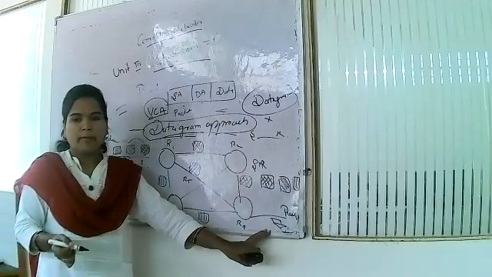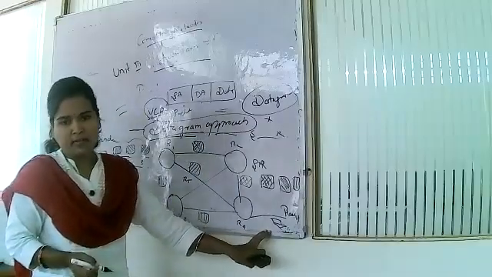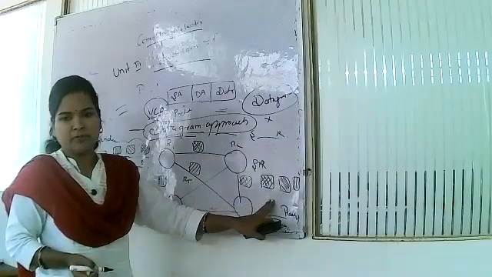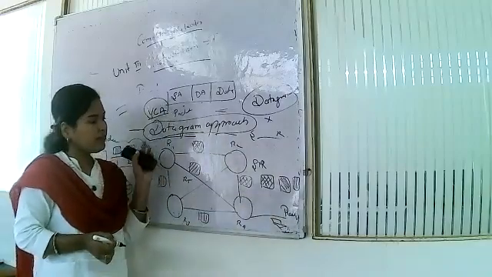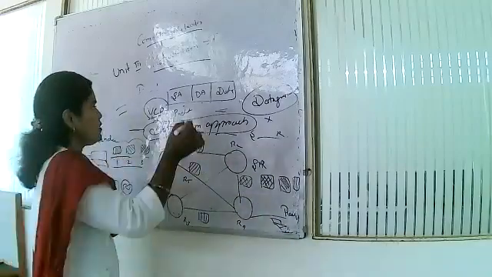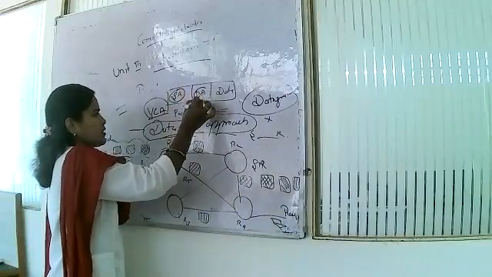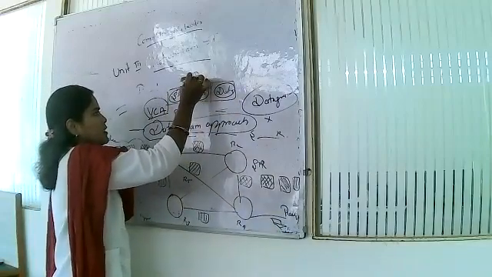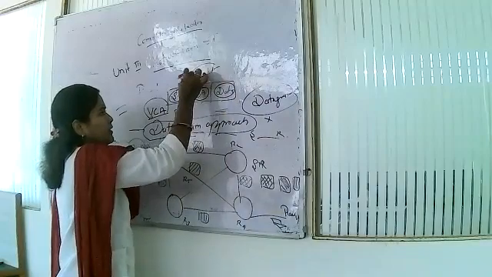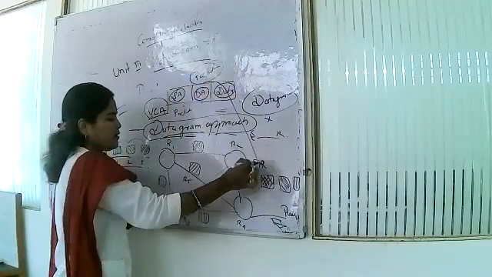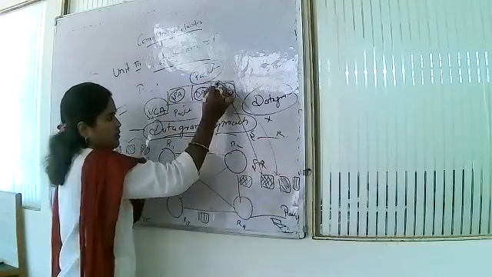The receiver will not get the same sequence; the sequence will be changed. But it will still reach the receiver because each packet has a source address, a destination address, and the data. Each packet has this format.